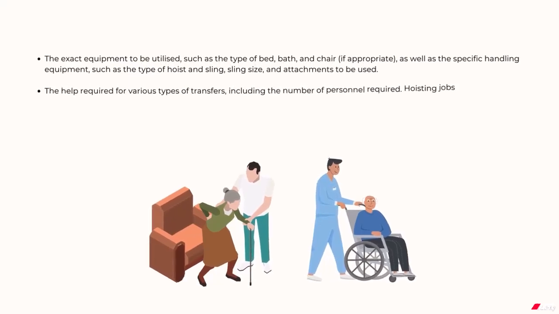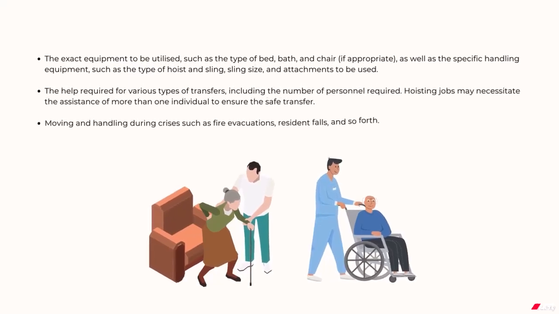The exact equipment to be utilized, such as the type of bed, bath, and chair, if appropriate, as well as the specific handling equipment, such as the type of hoist and sling size, and attachments to be used.